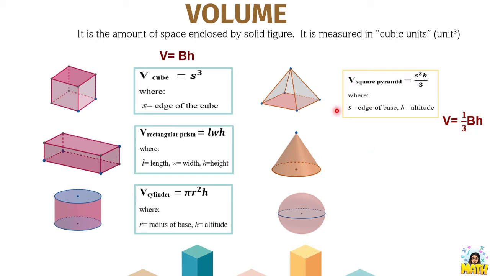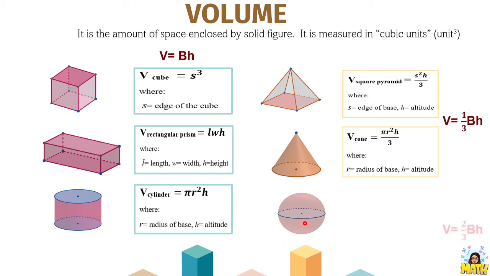So here, this square pyramid, we still need to divide the area of the base and the height over 3. While for the cone, instead of just using the volume of a cylinder, we still get its 1/3. That's why we have over 3 here.